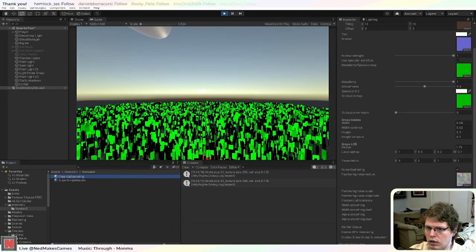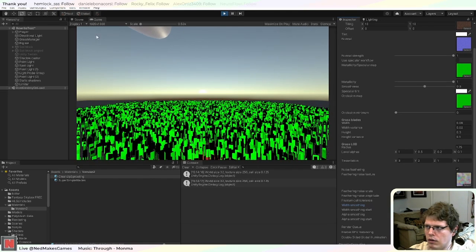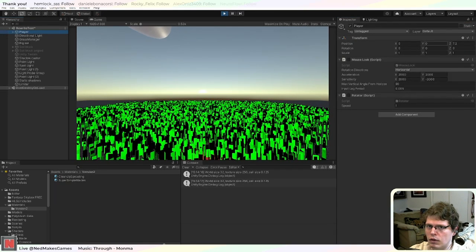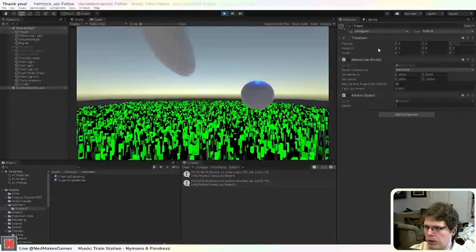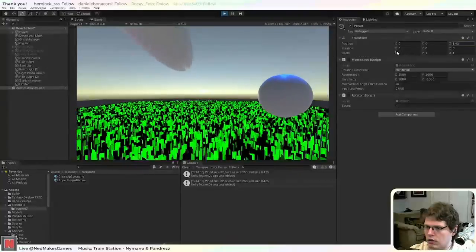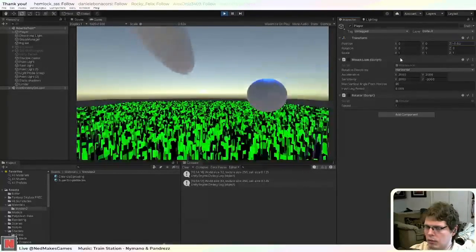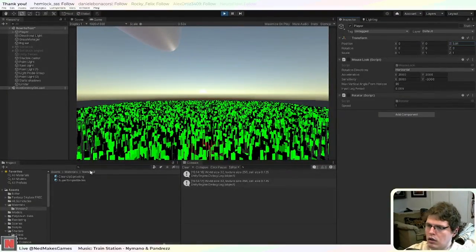And if I turn off width smoothing, yeah, you can see a big difference. With it turned off, you can see grass blades popping in and out as they get culled by the LOD system.